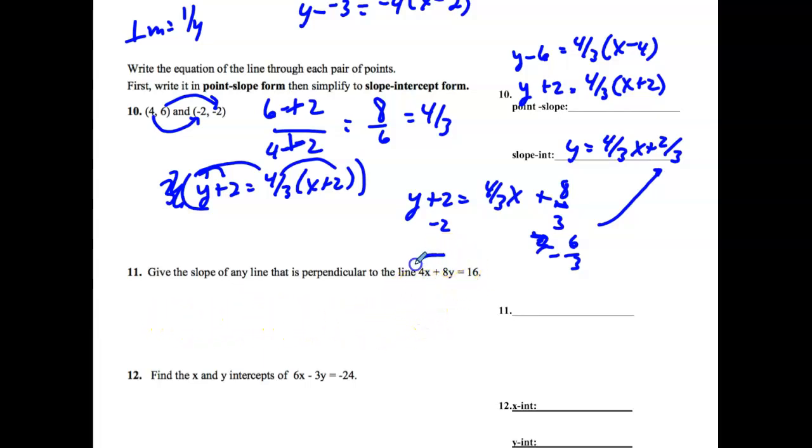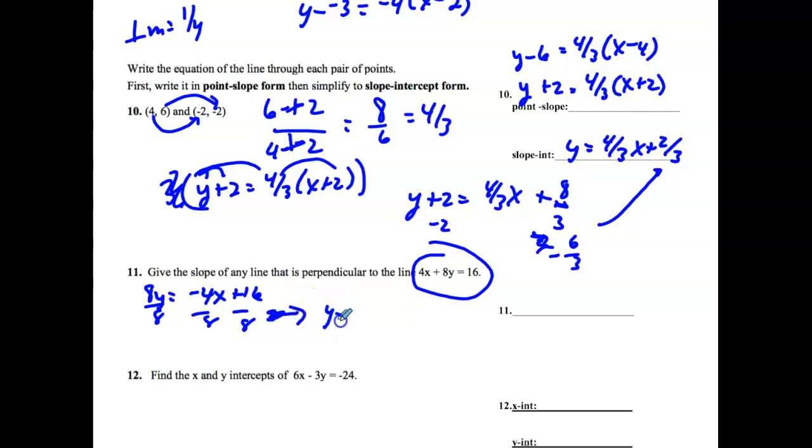First, I need to find the slope of this. So to do that, I would get the y alone, put it in slope intercept form, probably the easiest thing to do. All right, subtract 4x, divide everything by 8, and then you get, let's see, I want to put an arrow, not an equals there.